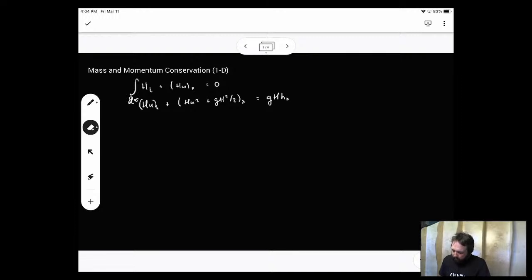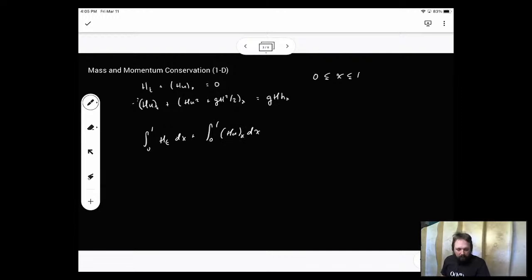Let me actually move this down. So if I were to get rid of that, integrate over the model domain, let's just say the model domain is from 0 to 1 in the x direction. So we'll integrate 0 to 1 of dh/dt dx plus 0 to 1 of d(hu)/dx. I love doing 1D because it makes things a lot easier, of course.